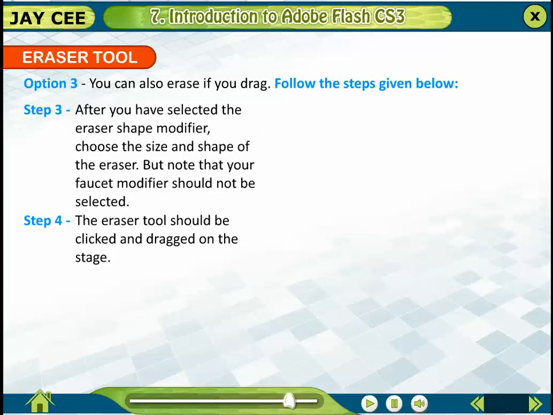Step 3. After you have selected the eraser shape modifier, choose the size and shape of the eraser. But note that your faucet modifier should not be selected. Step 4. The eraser tool should be clicked and dragged on the stage.